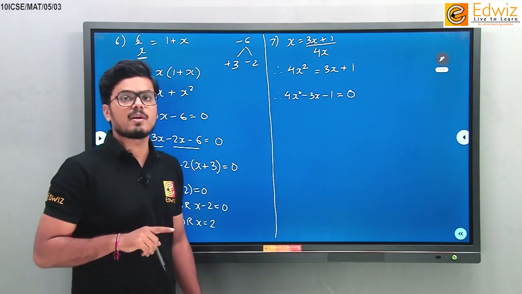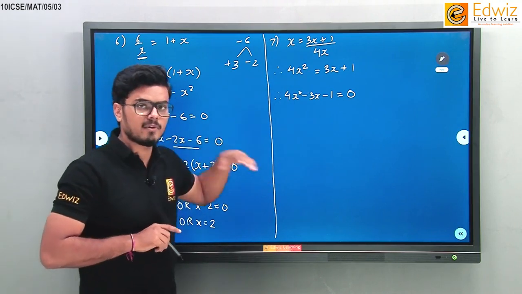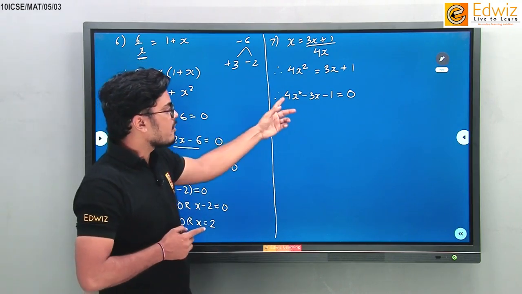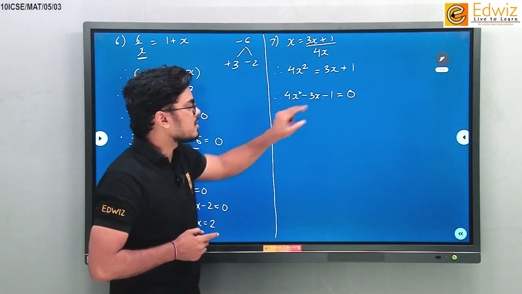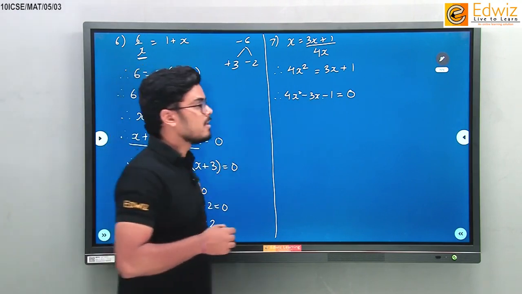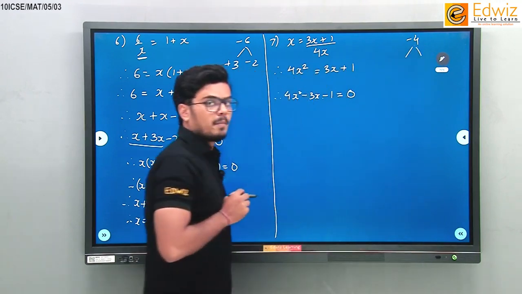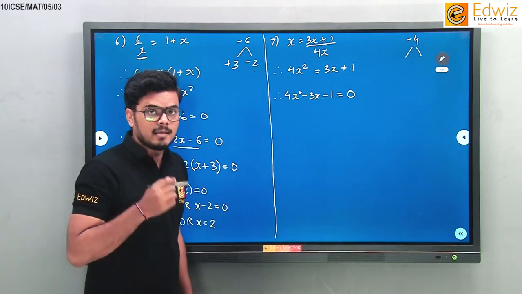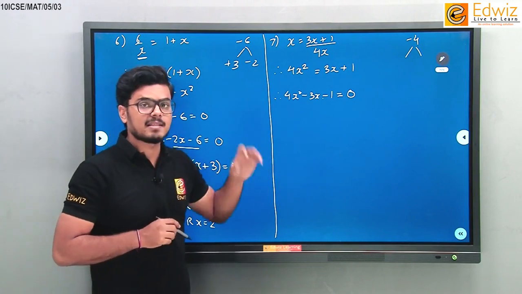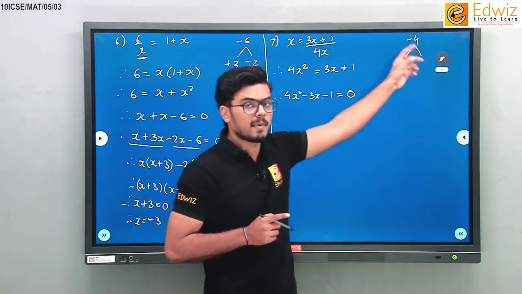First step to solve a quadratic equation, bring it to its standard form, then multiply the coefficient of x square with the constant term. So 4 into minus 1, we have to find the factors of minus 4. Minus 4 के factors ऐसे चाहिए जिनका difference will be minus 3. Again, why difference? Because it is minus 4.